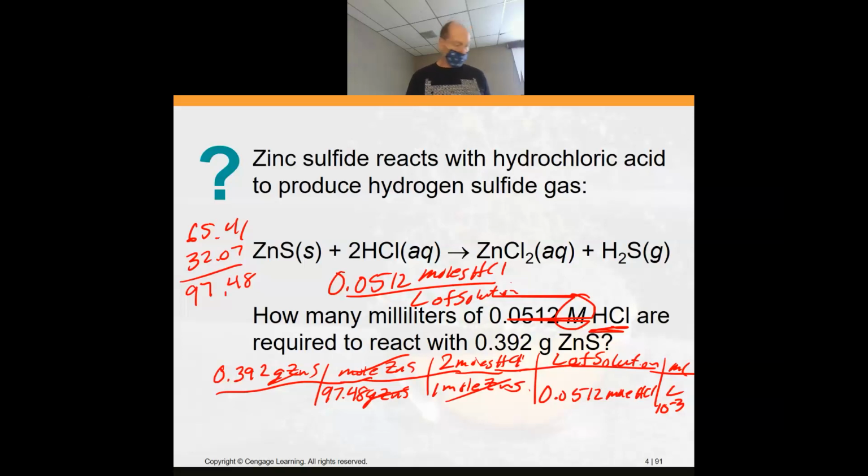And it will require 157 milliliters. So you would have to add 157 milliliters of 0.0512 molar HCl to react completely with the 0.392 grams of zinc sulfide.